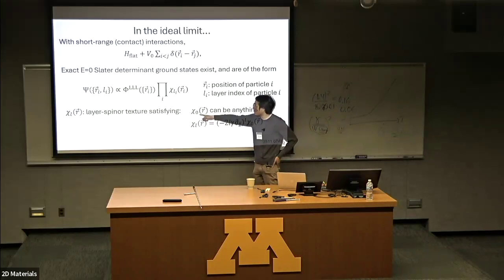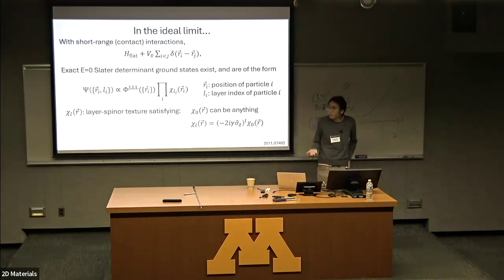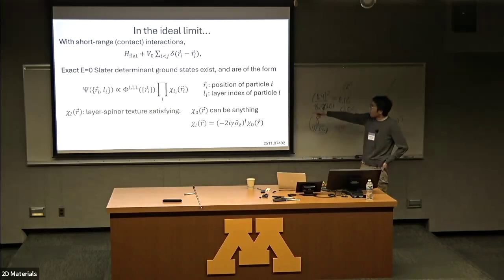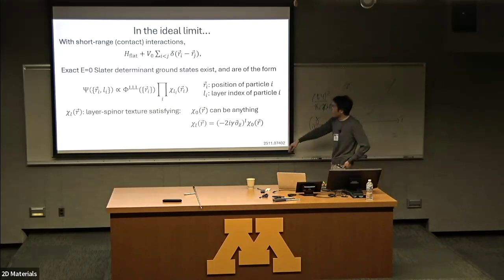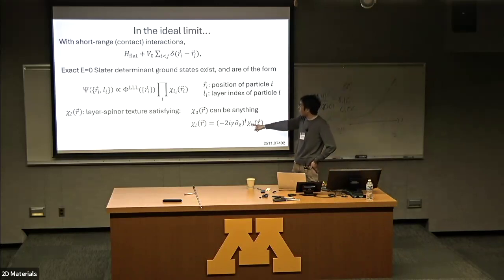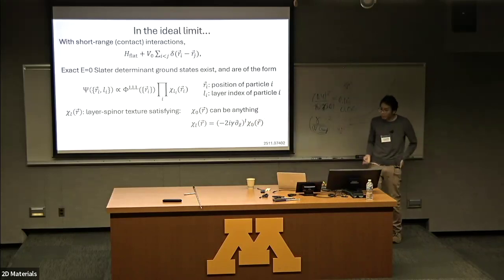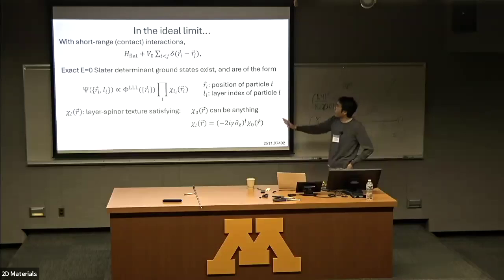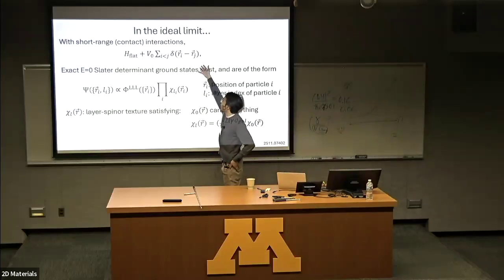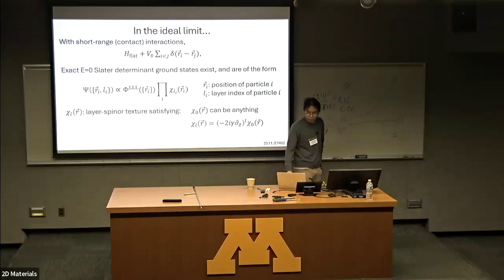On the top layer, chi zero can be chosen to be anything. But all the subsequent layers, chi sub L, are all related to chi zero by some differential relation. And this just follows from looking at this wave function and saying that it has to be a zero energy ground state of the Hamiltonian.